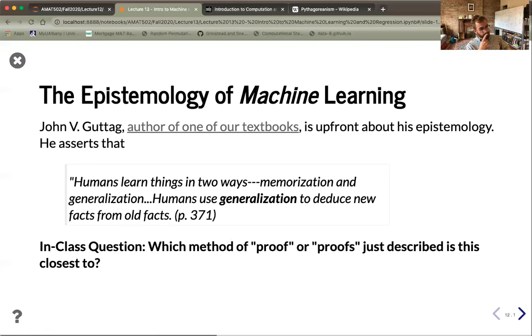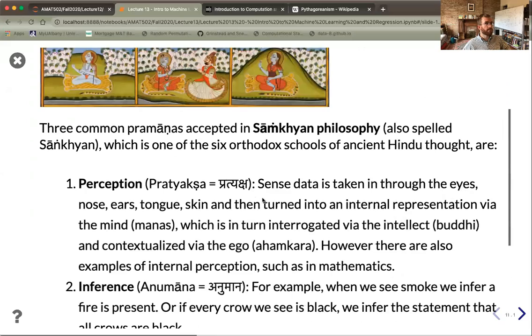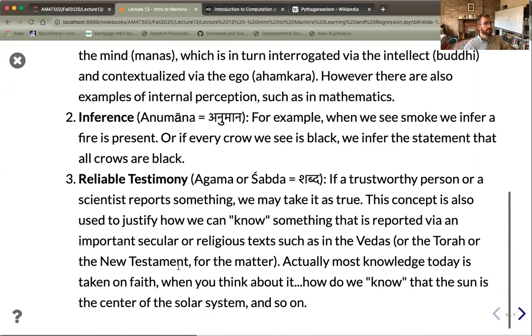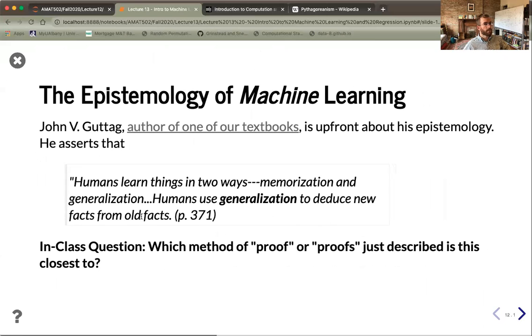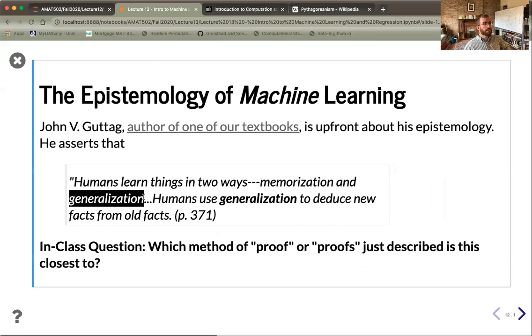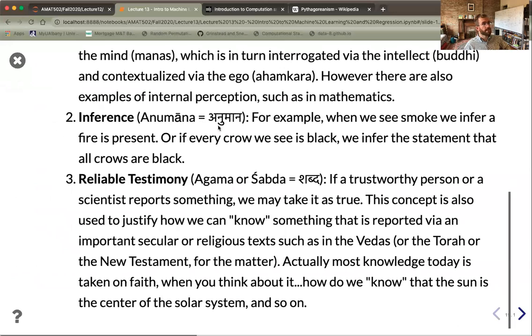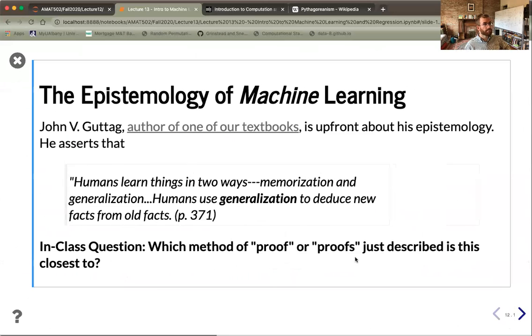So maybe we should go back and look briefly. We've got perception, inference, and reliable testimony. Well, generalization is really perhaps another way of just saying inference. We start with some observed data and then we generalize from that. So he's actually using this method of inference, which is also called anumana in Sanskrit.